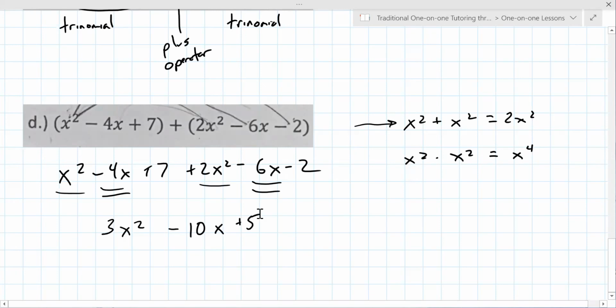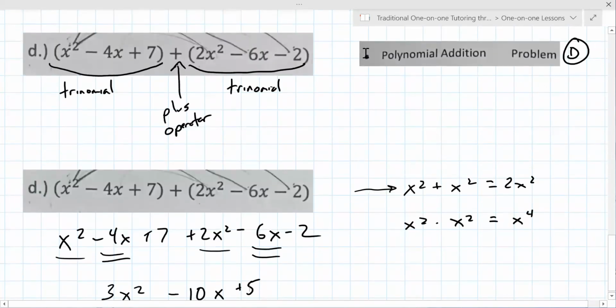Very good. Now, in terms of which one this is, it's a trinomial plus a trinomial, but you can just call it a polynomial. And that's why it's polynomial addition.